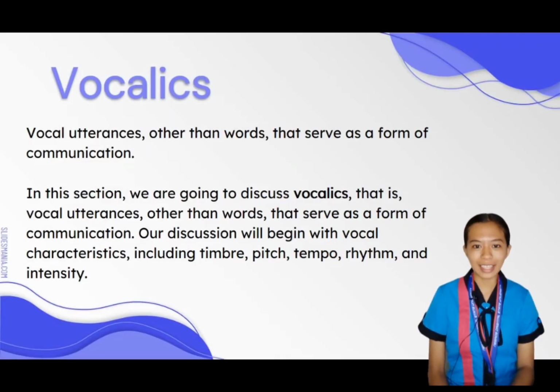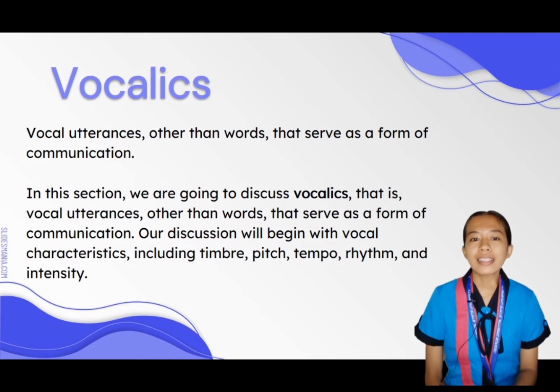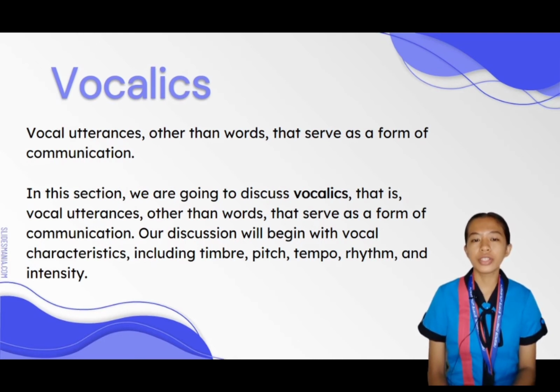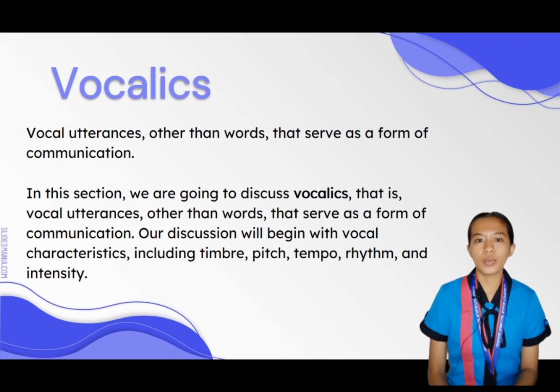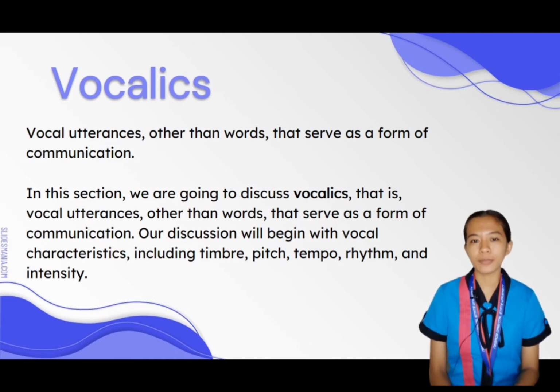Next is vocalics. In this section, we are going to discuss vocalics, that is, vocal utterances other than words that serve as a form of communication, which is the process by which we share ideas or information with other people.